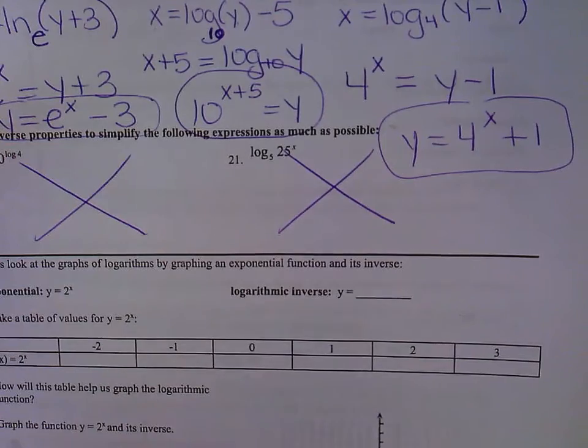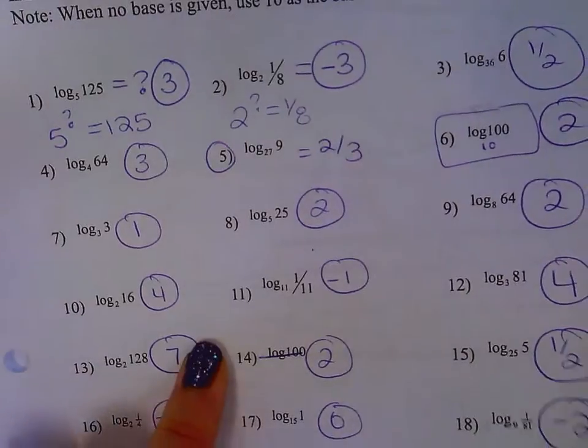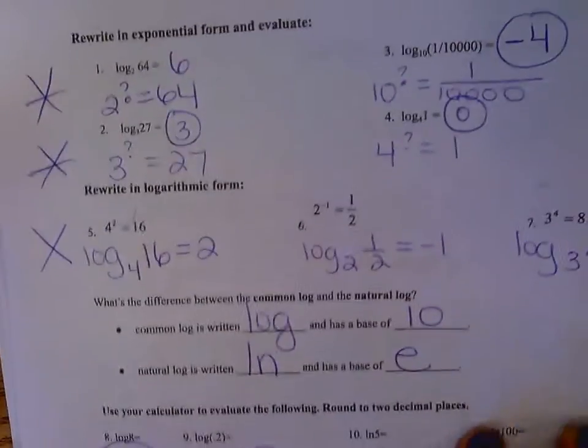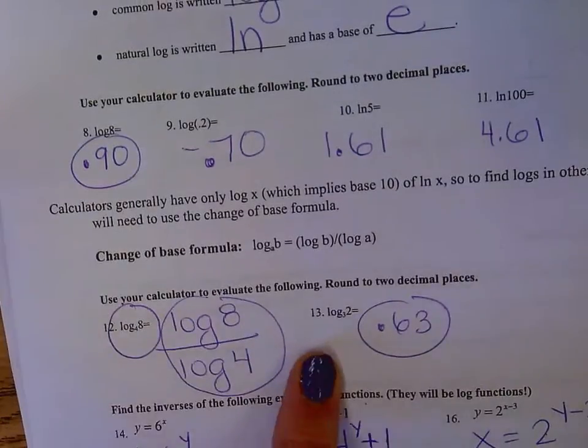Okay, so the last piece that you need to be able to do, so just kind of flipping through this. First thing we did was just evaluate logs. That was without a calculator. The second thing we did was convert between exponent and log form, evaluating logs with a calculator, and then finding inverses of each other.